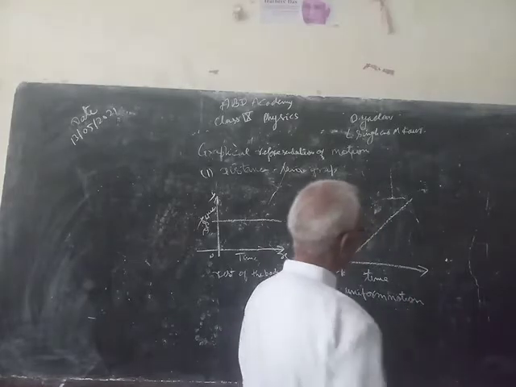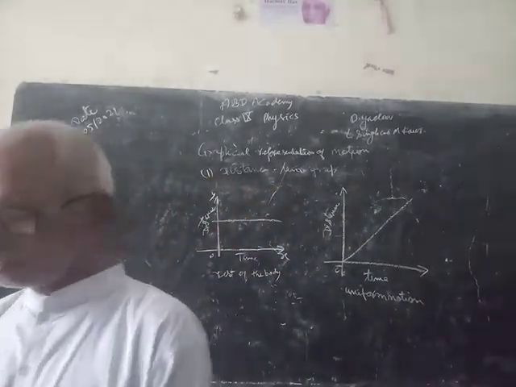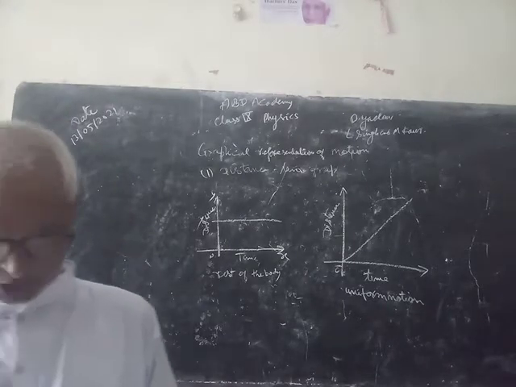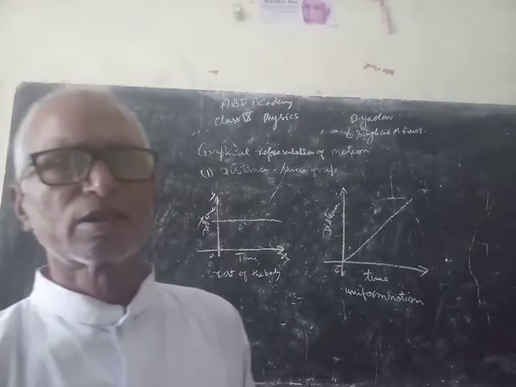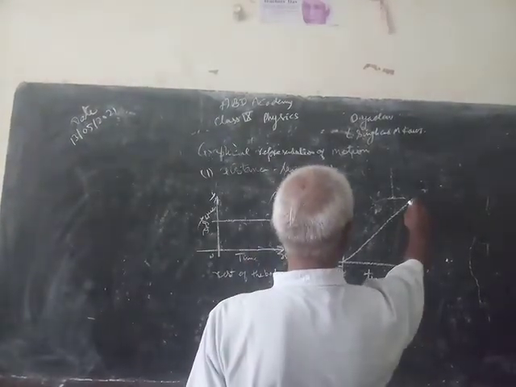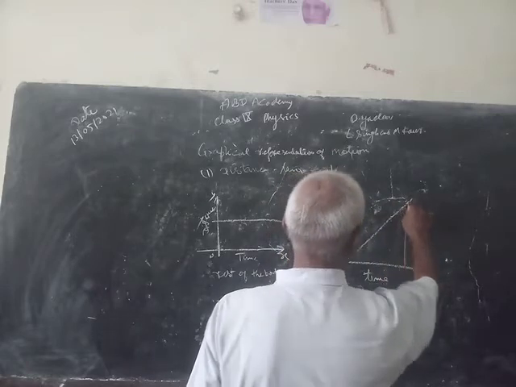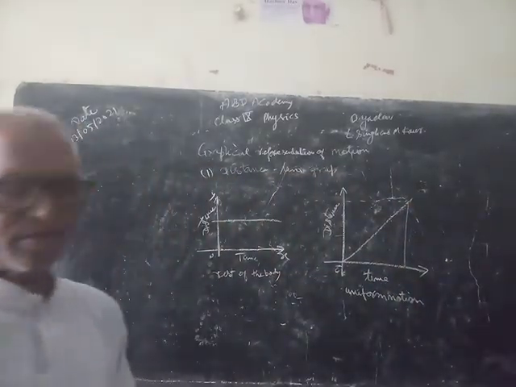As time goes on elapsing, distance is also increasing in the same ratio. Here, the ratio of distance and time will give speed.